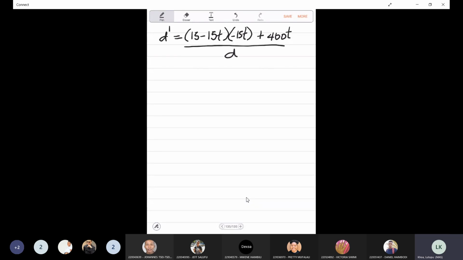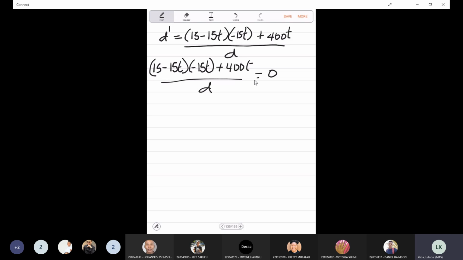And the first derivative is 0, so I have (15 minus 15t) times minus 15, plus 400t, over d, is equal to 0.